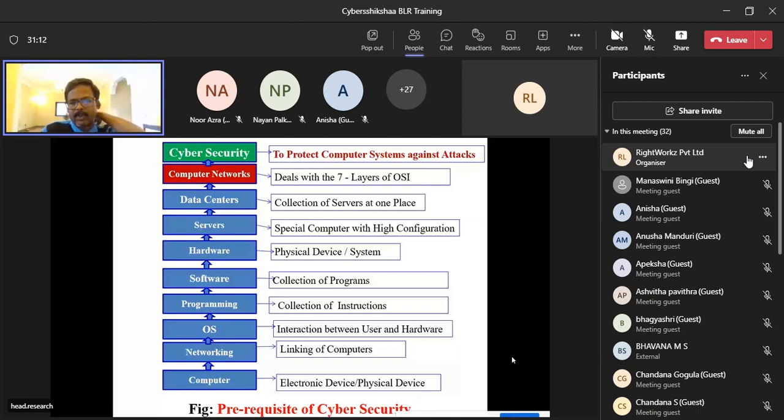Then what is meant by program? Program is a collection of instructions. Software is a collection of programs, and program is a collection of instructions. Instruction is a set of rules. So operating systems are examples for software, antivirus software is example for software.